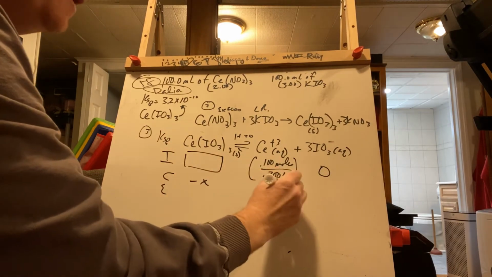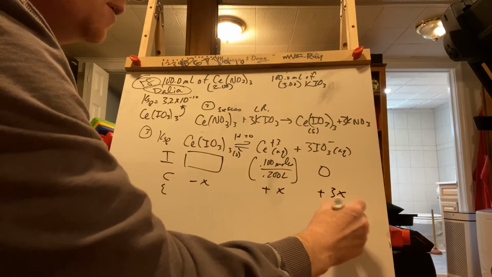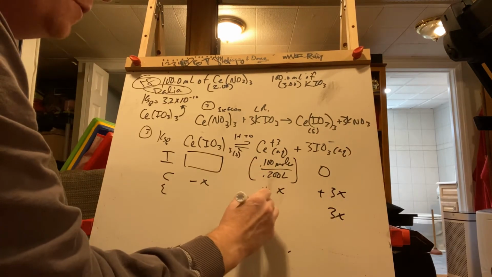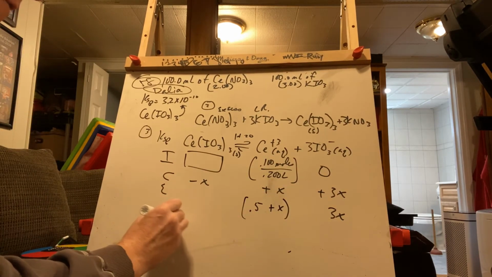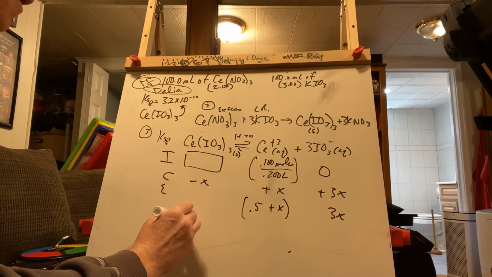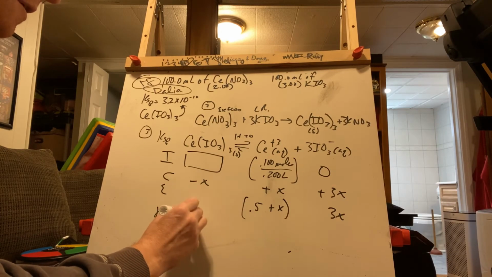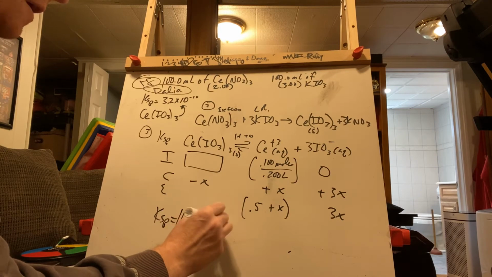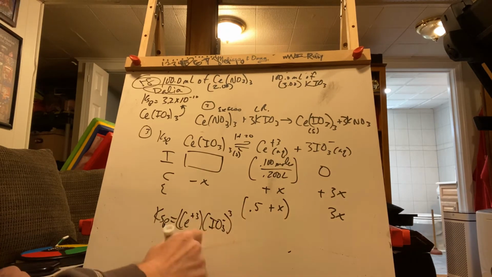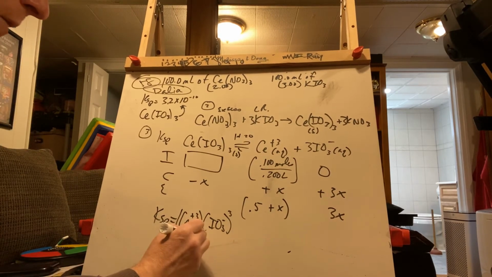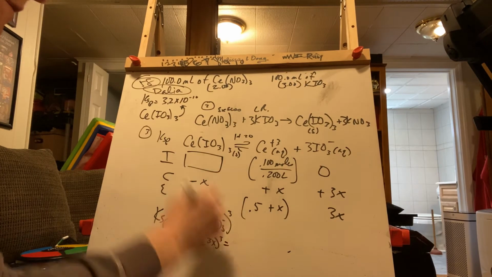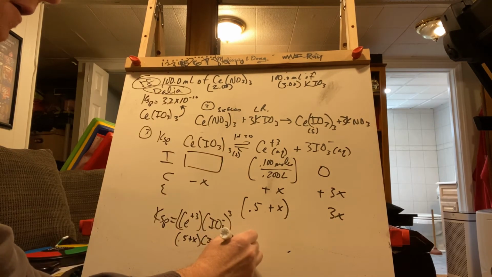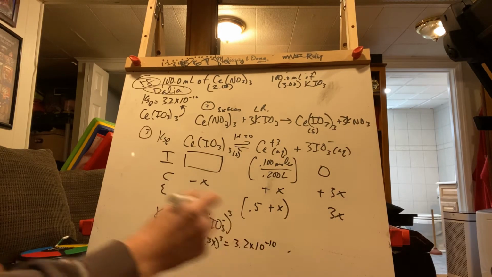We're going to go minus x, plus x, plus 3x. 0.1 divided by 0.2 is 0.5, plus x. And now we would go Ksp equals Ce3+ times IO3 minus cubed. Plug these values in. 0.5 plus x times 3x cubed equals our Ksp, 3.2 times 10 to the negative 10th.